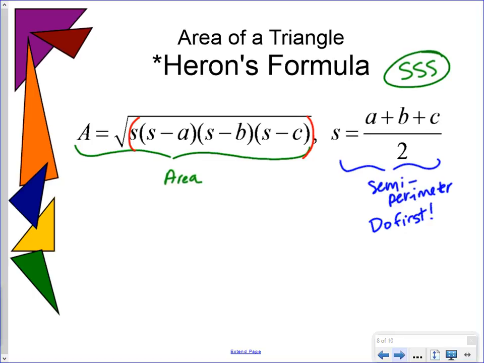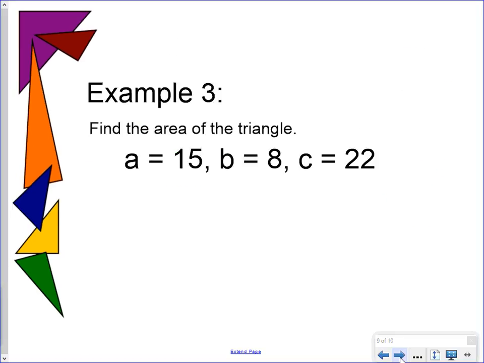So just really quickly, here's an example. Find the area of the triangle if I give you 3 sides. A is 15, B is 8, and C is 22. Well, the first thing I'm going to do is find the semi-perimeter if I want to use Heron's formula.